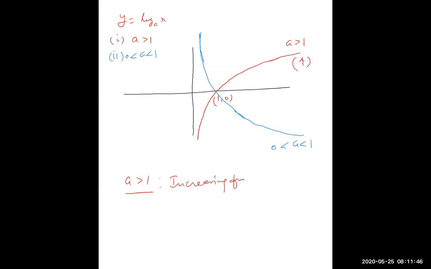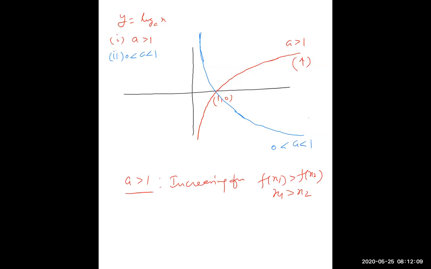What are increasing functions? If f(x1) is greater than f(x2), then x1 will be greater than x2. Increasing function, because as x is increasing, the value will also increase. But in the second part, you can observe as x is increasing, it is going down and down and down.